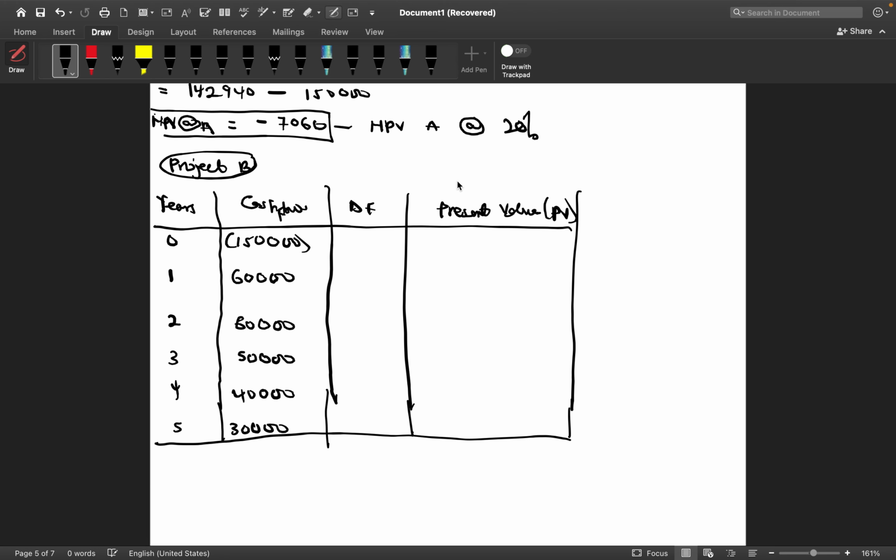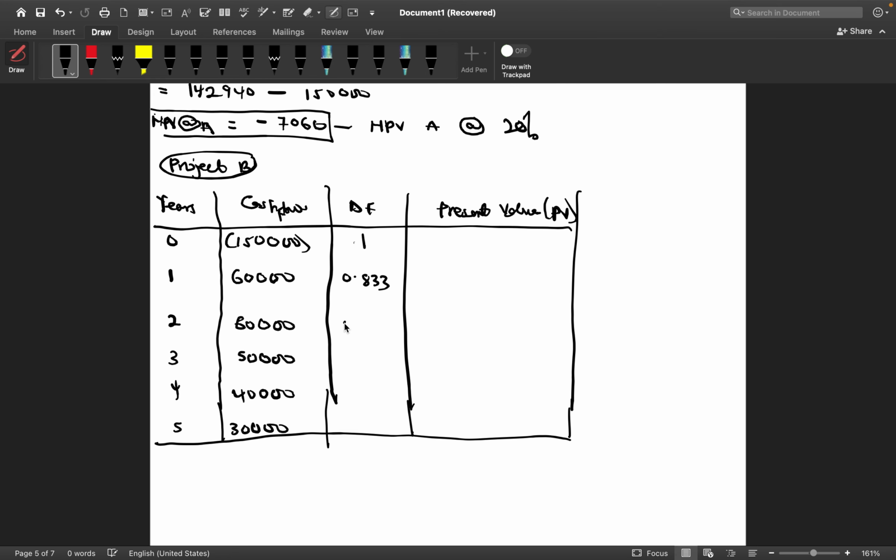Discount factor, remember, is the same thing we are using, like what we had for project A. So the same discount factor here. Sorry, the first one is 1. The next one was 0.833.